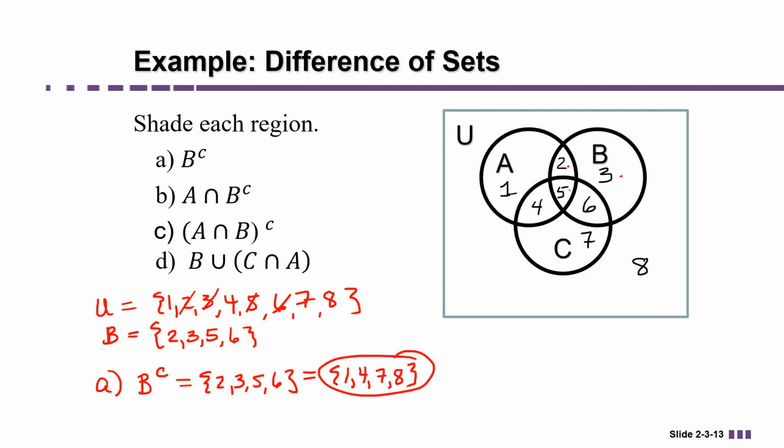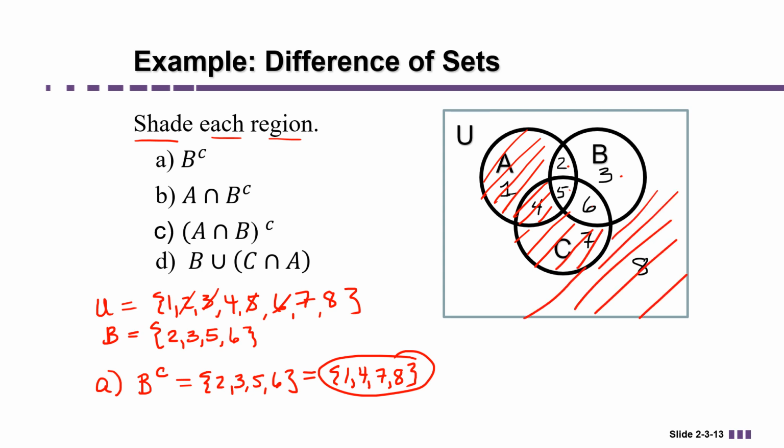So that would be B complement. Now that's not our answer because we were asked to give our answer as a shaded region, but it tells us which regions to shade. So we have to shade region 1, region 4, region 7, and region 8.